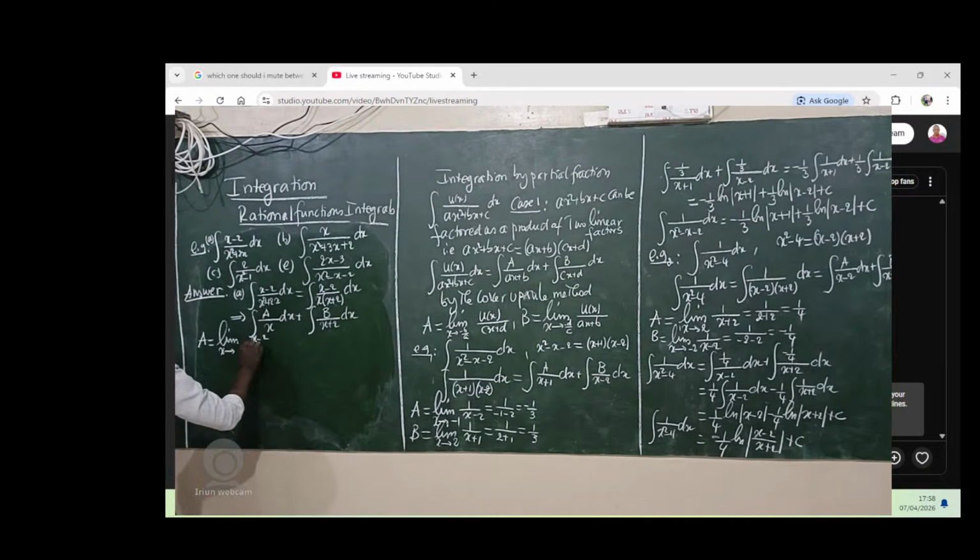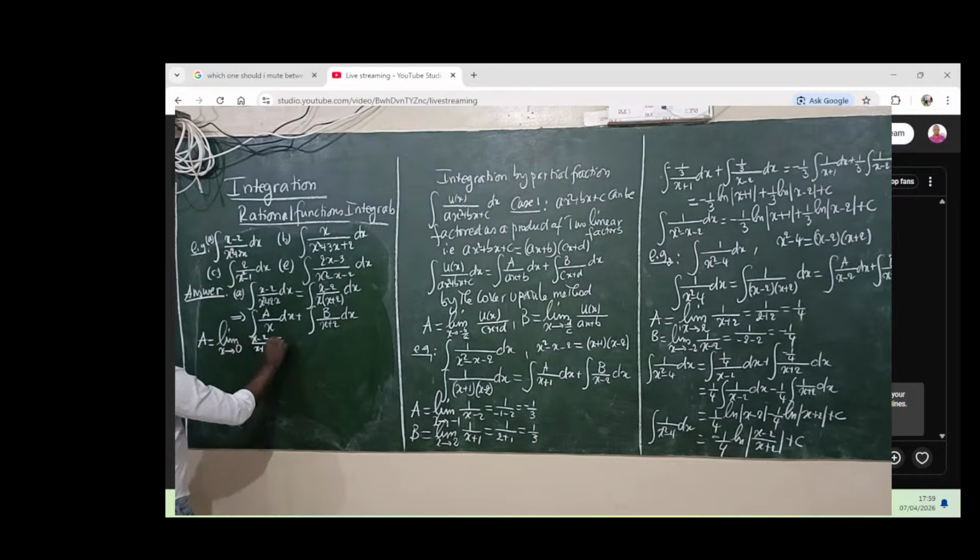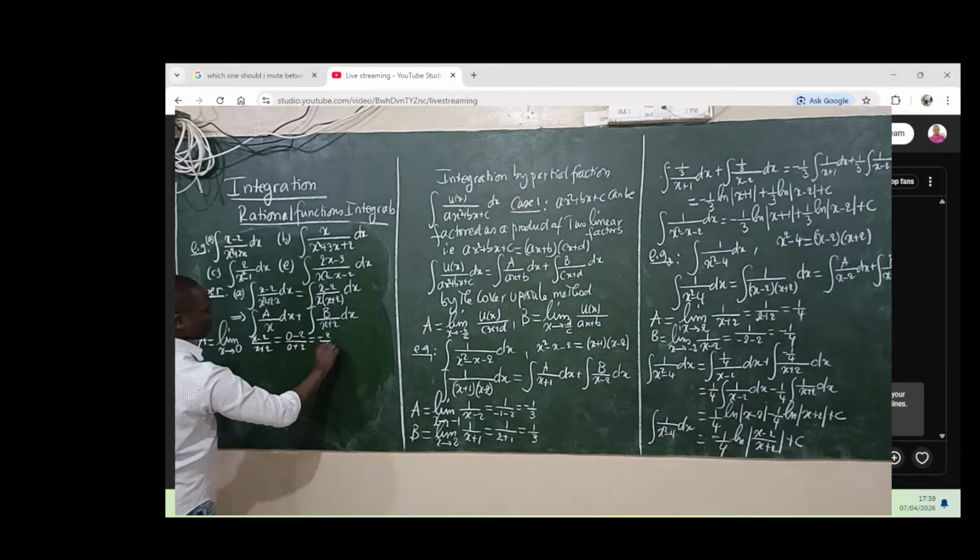And because we hide this, we need to equate this to 0. This x will be 0. As x is 0, here x will be approaching 0. And this is 0 minus 2 divided by 0 plus 2. Here is minus 2 over 2, and this is minus 1.